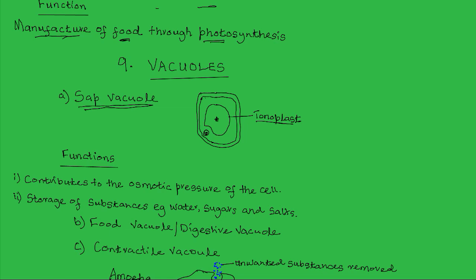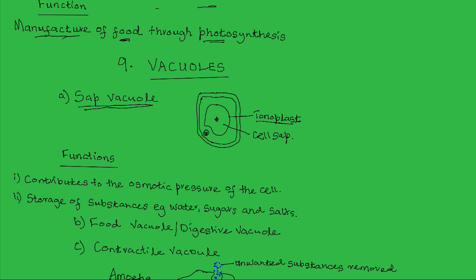The fluid enclosed within the sap vacuole is known as the cell sap. It contains water, dissolved salts, sugars, and some waste materials.